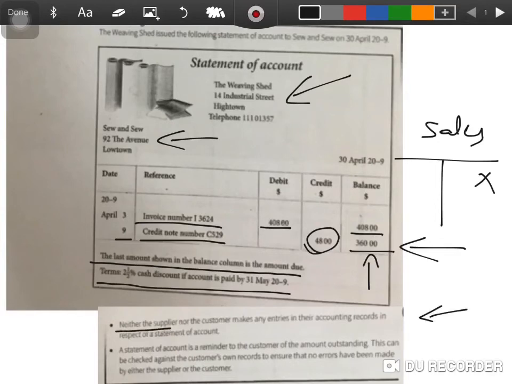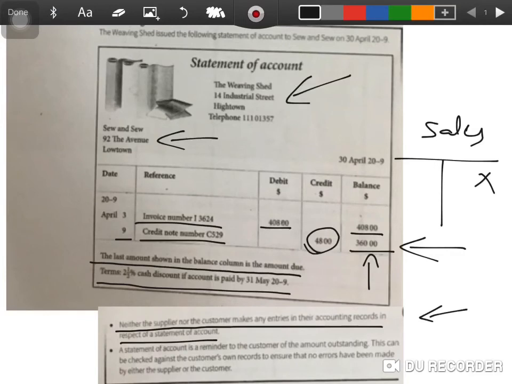Now this is very important: neither the supplier nor the customer makes any entries in the accounting records in respect of a statement of account. Once again, a statement of account is not recorded in the accounting books. For example, if I've sold goods to Mr. A on credit, then I'm going to issue an invoice to Mr. A. That invoice is proof that I've sold goods to Mr. A, so it is going to be recorded in my accounting books, right?